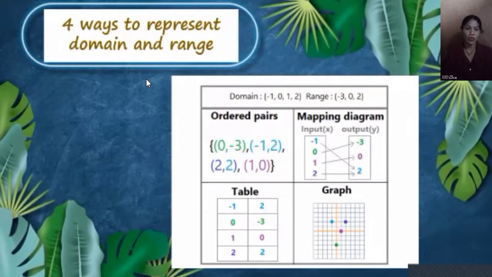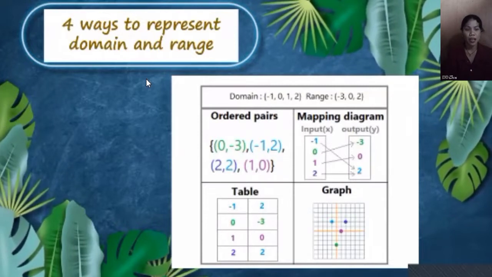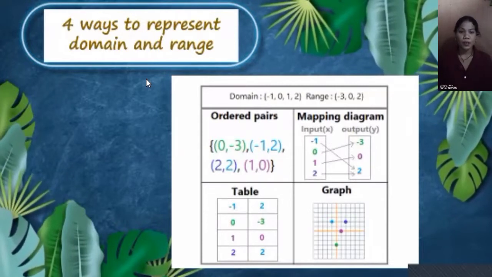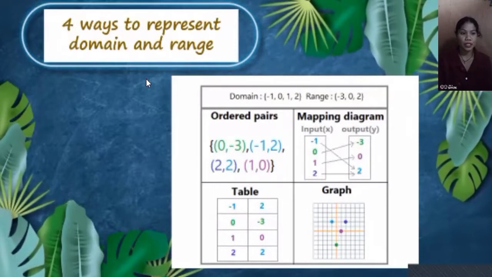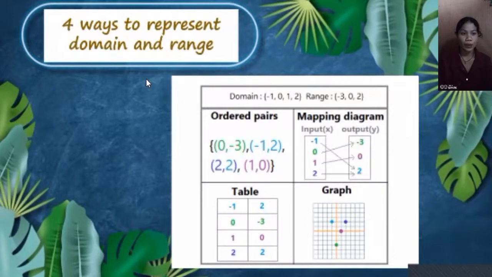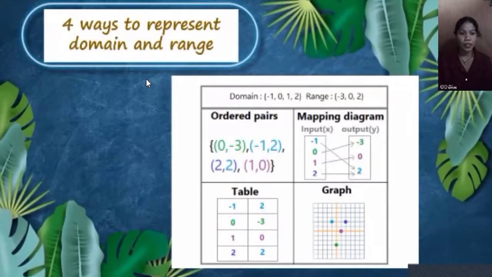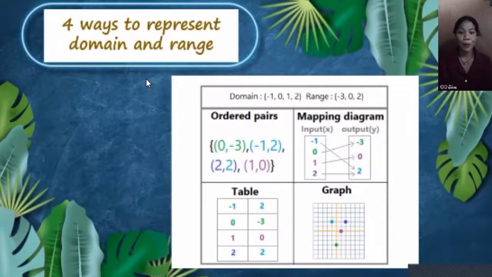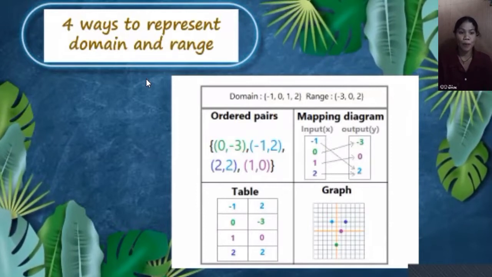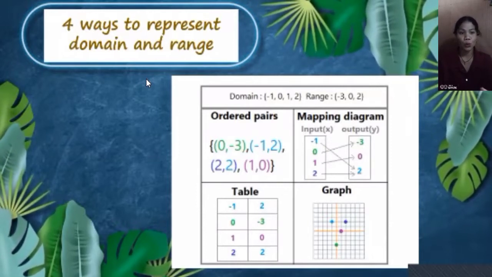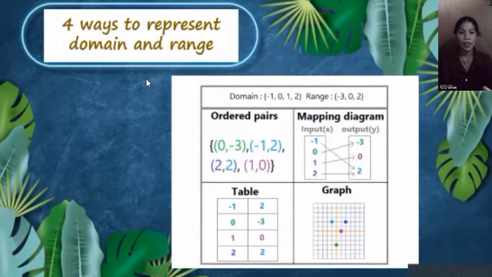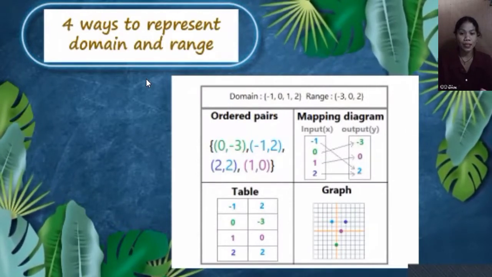So, 4 ways to represent domain and range. We can represent domain and range through ordered pairs and a mapping diagram. So the domain is -1, 0, 1, and 2, and the range is -3, 0, and 2. And then we represent it through ordered pairs: (0, -3), (-1, 2), (2, 2), and (1, 0). So in ordered pairs, we can see the domain and range.